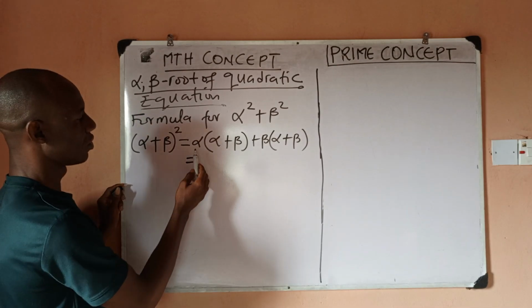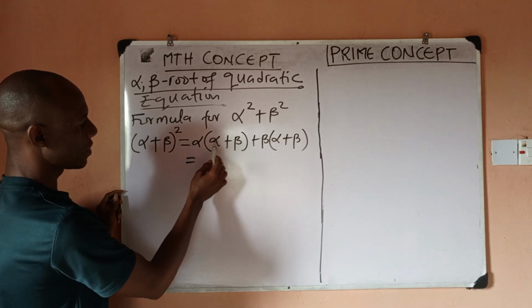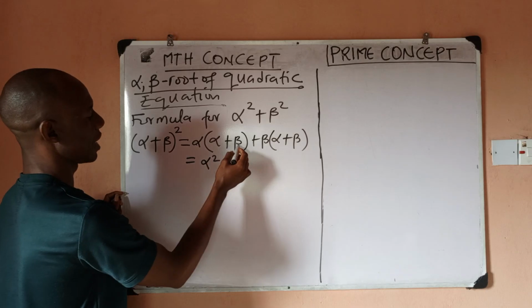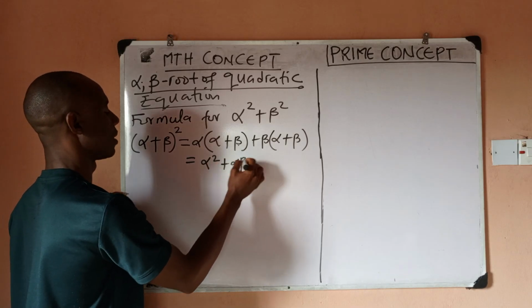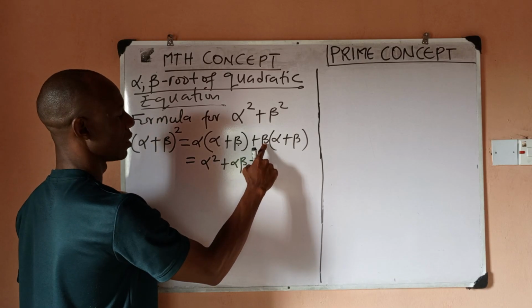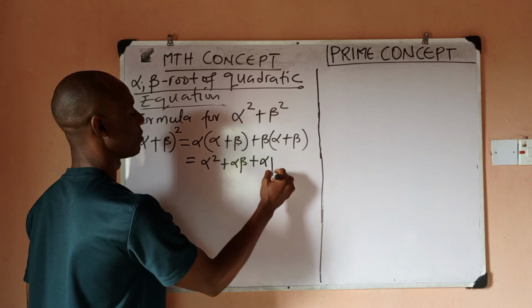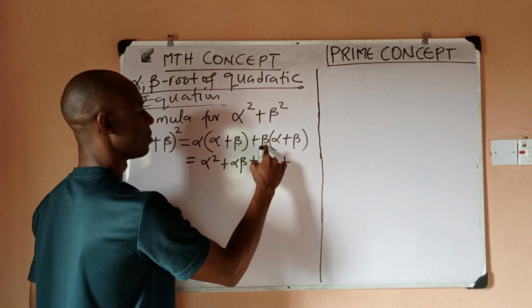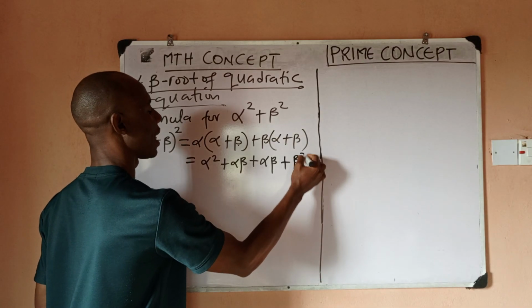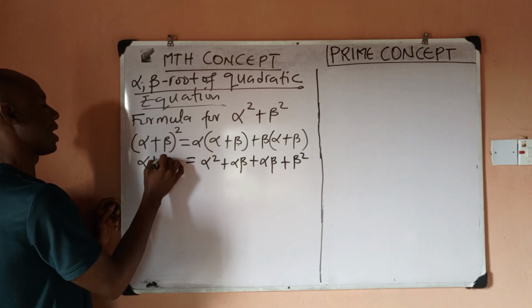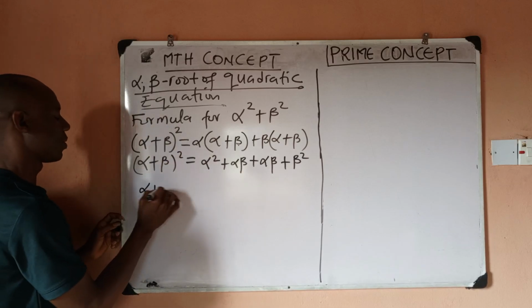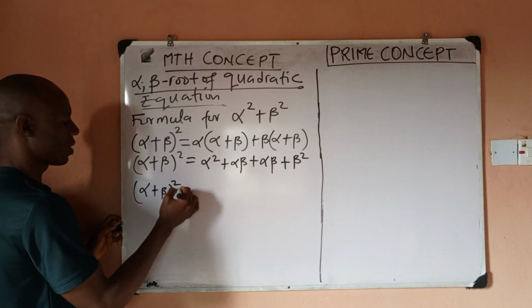Now what am I going to do? I will say alpha times alpha is what? Alpha squared. Alpha times beta is alpha beta, plus beta times alpha is alpha beta. Even if you say beta alpha, it is the same thing. Then plus beta times beta is beta squared. So remember, this is alpha plus beta all squared. So my alpha plus beta all squared still goes on.